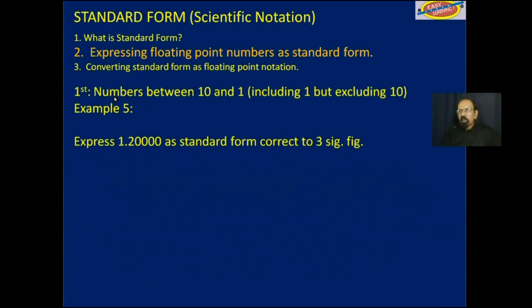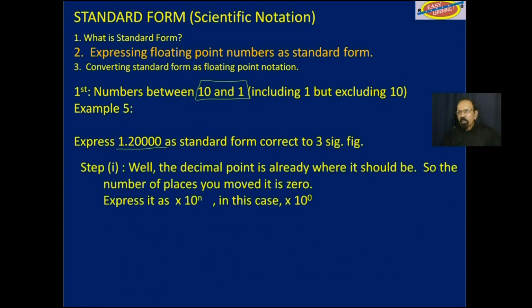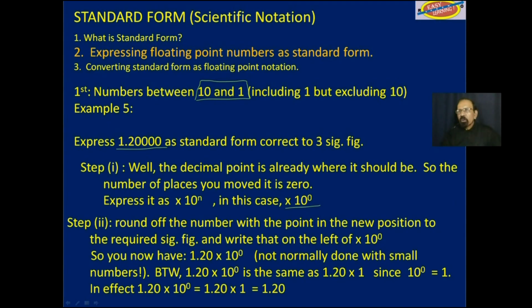Next one, 1.20000. Now we are dealing with numbers between 10 and 1. And this is not normally done either. So the point is already there. You don't have to move it anywhere. So it is 10 to the 0. And then you want to round it off to three significant figures.